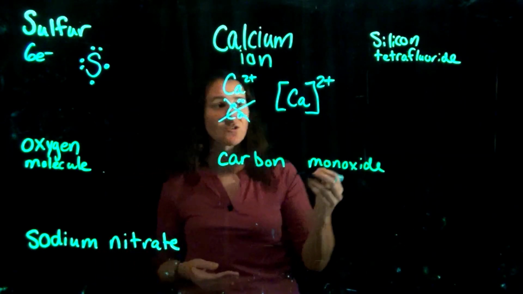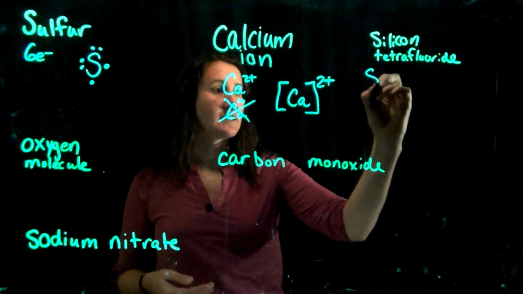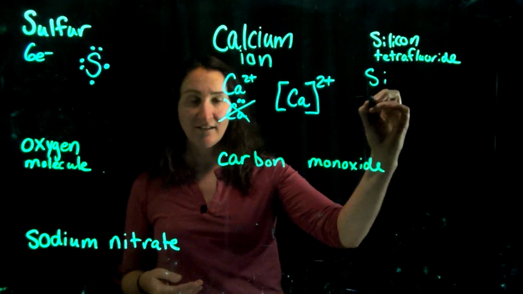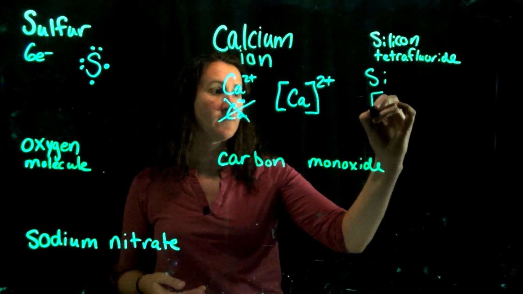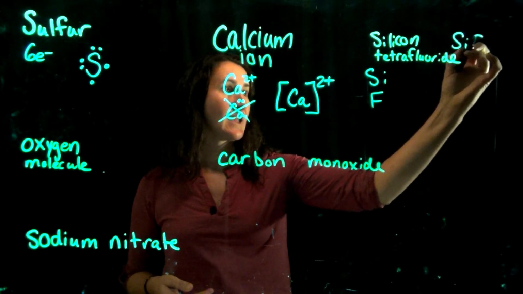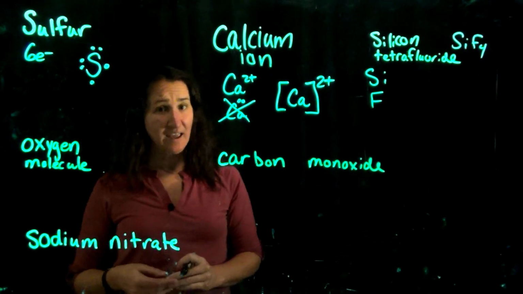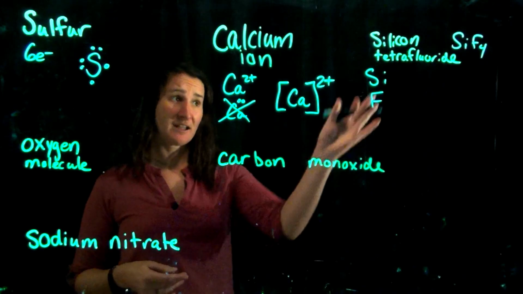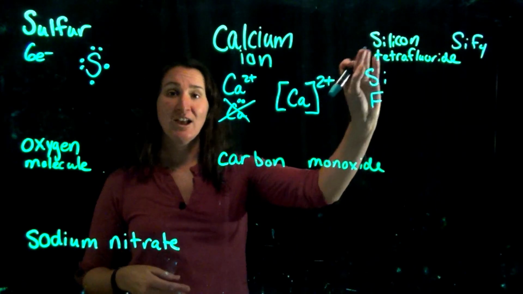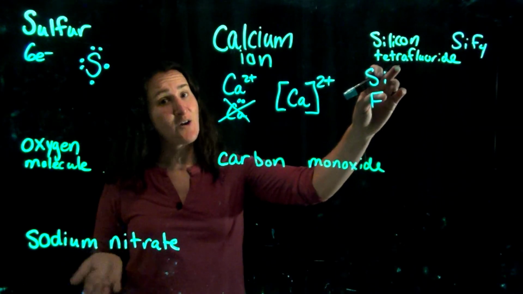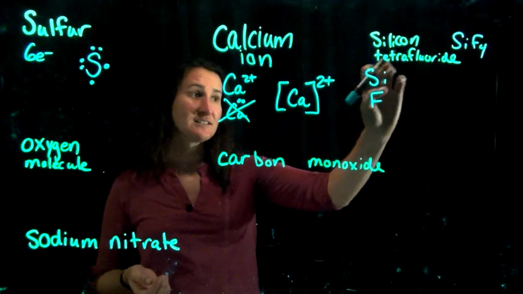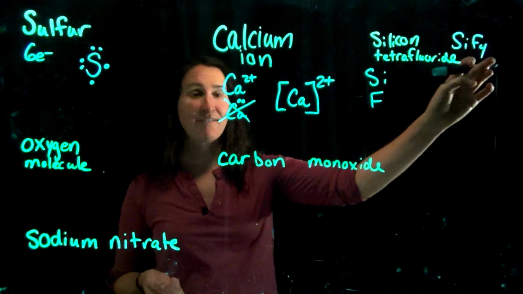Next, silicon tetrafluoride. We've got silicon and we have tetra, so that means we have 4 fluorines, or SiF4. Remember your naming. This is going to be pretty crucial because I'm not going to really slow down to be like silicon tetrafluoride. Tetra means it's covalent. Tetra means 4, so SiF4.